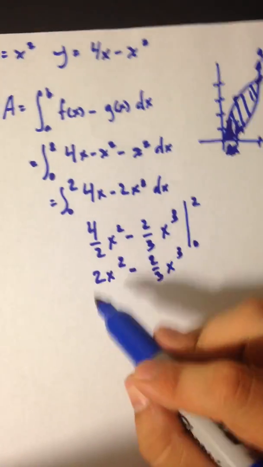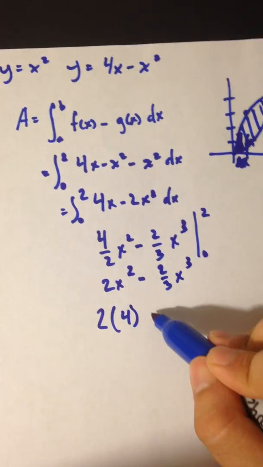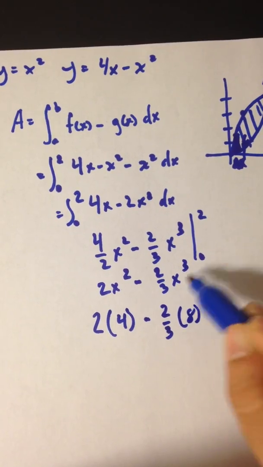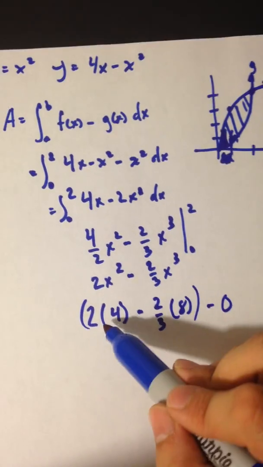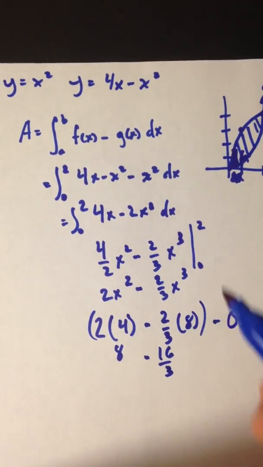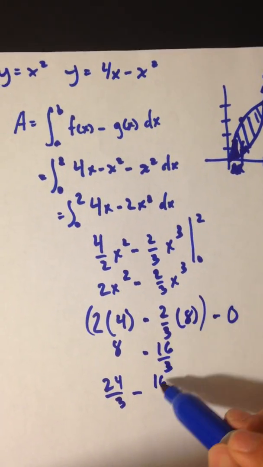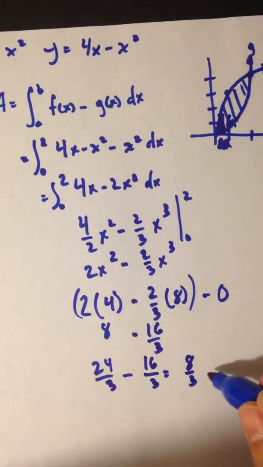So it would be 2 times 2 squared, which is 8, minus 2 over 3 times 2 cubed, which is 16 over 3, then we just subtract that by 0. So it would be 8 minus 16 over 3, which would be 24 over 3 minus 16 over 3, which would be 8 over 3.